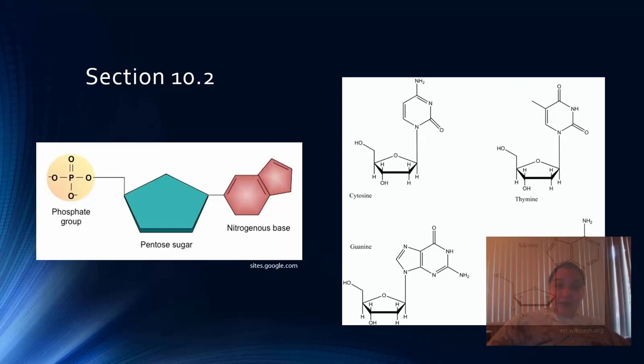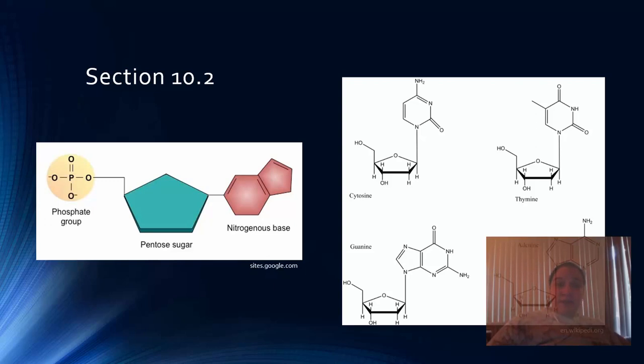This is because DNA and RNA are what we call polymers of nucleotides. These nucleotides are essentially the letters that make up our genetic code. One nucleotide consists of a 5-sided sugar, that's here on the left, a pentose sugar, which has a phosphate group on one side and a nitrogenous base on the other.